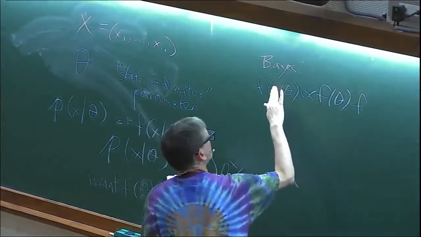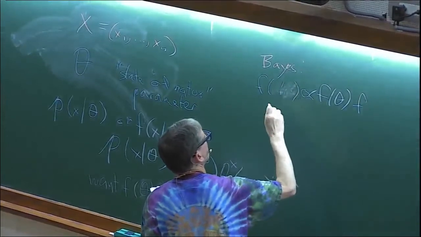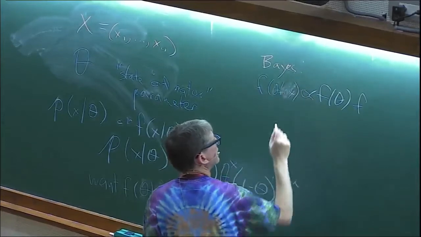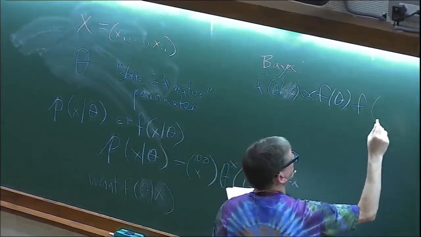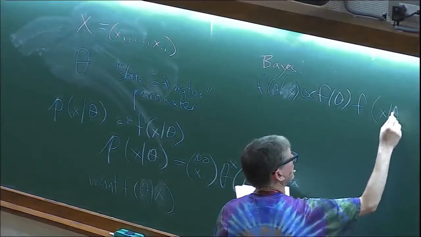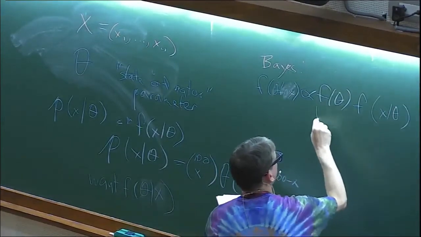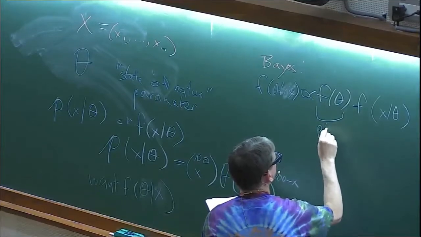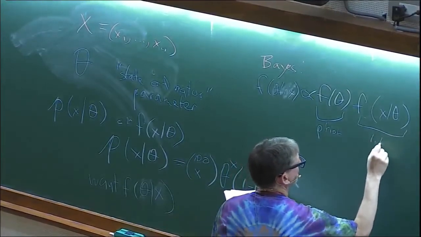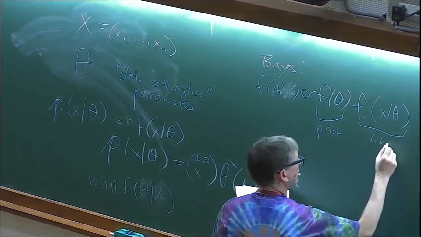This is really embarrassing. I keep writing the theta and the x backwards. Okay, f of theta was the prior. And f of x given theta is the likelihood.